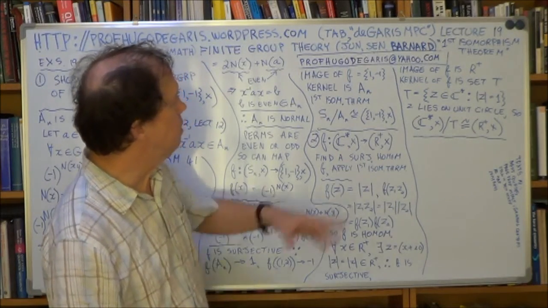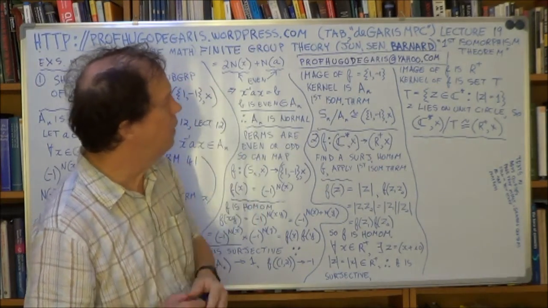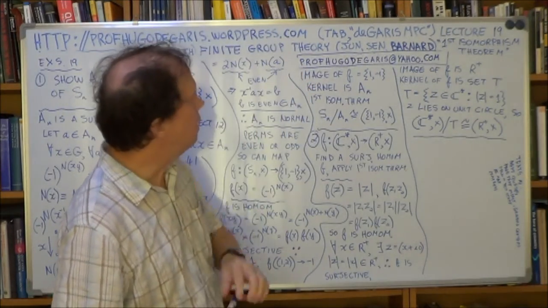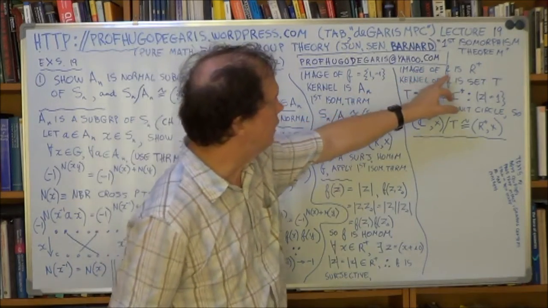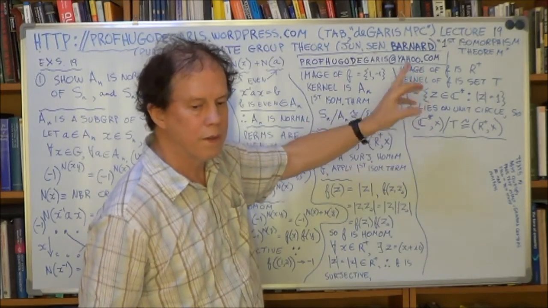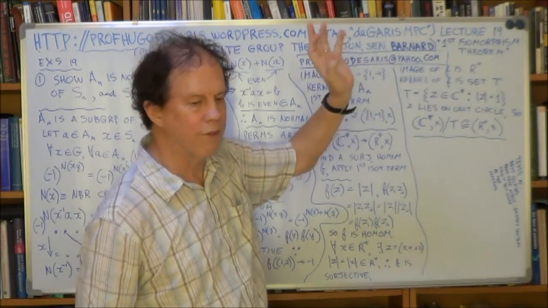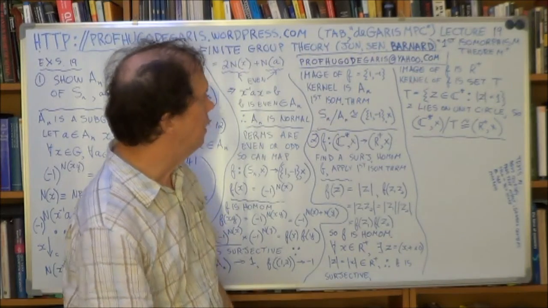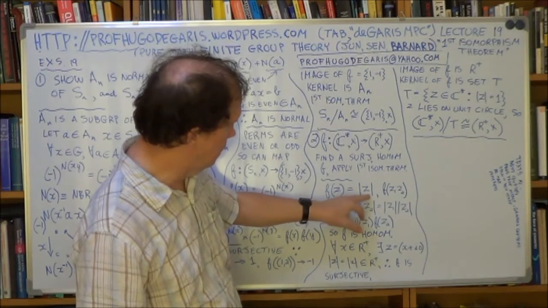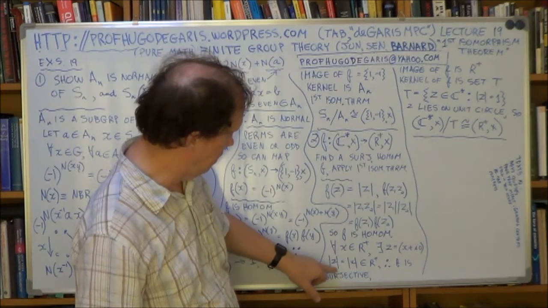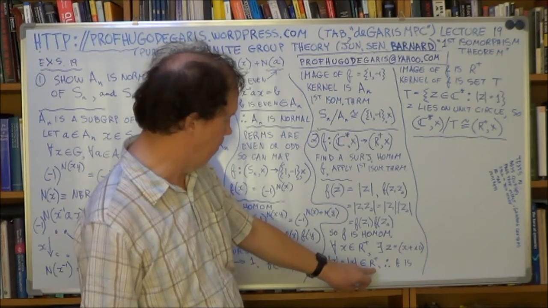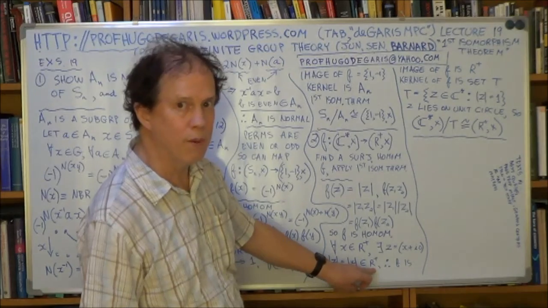As usual, find the image, find the kernel, and then apply the theorem. So what's the image of f? What does that mean again? It's the set of all possible f values, all different f values. Well, f will map z into mod z, and this mod z belongs to R plus.